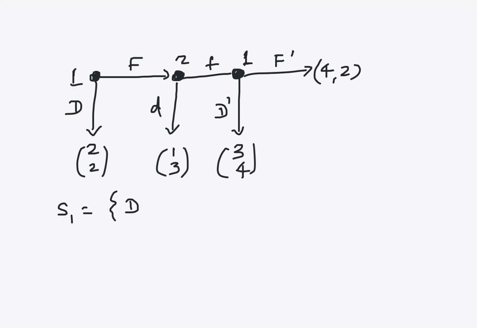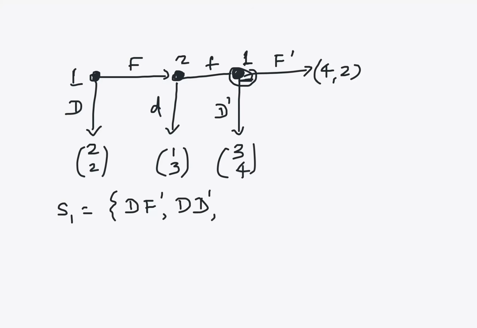So if player 1 moves down, game ends, we know that. But even then, player 1 has to tell what he's going to do at the third stage over here, at this node. So let's say player 1 says he's going to move forward. That's one strategy. Another strategy would be move down and then D prime at the third stage.